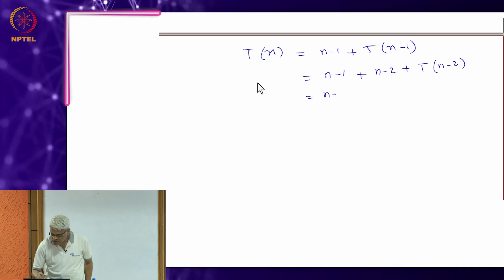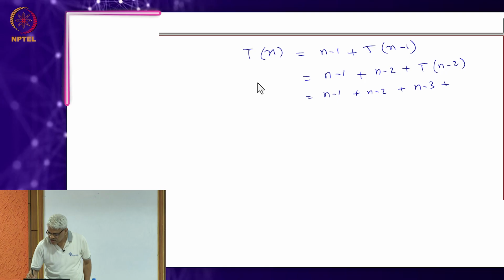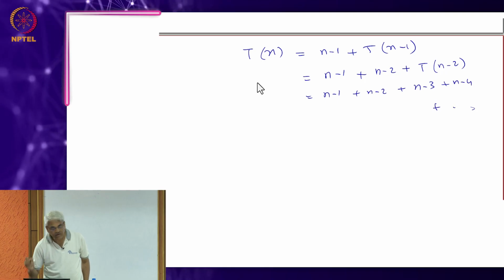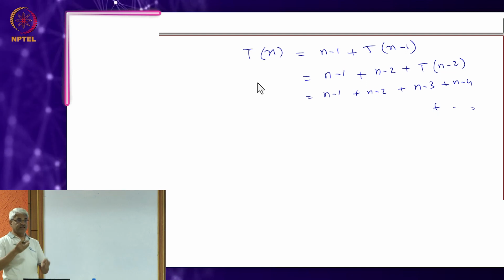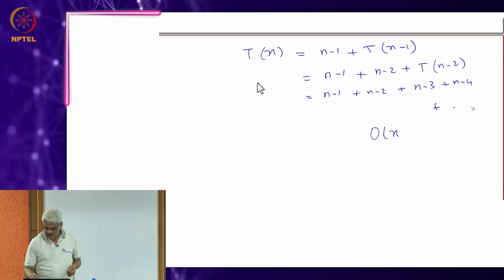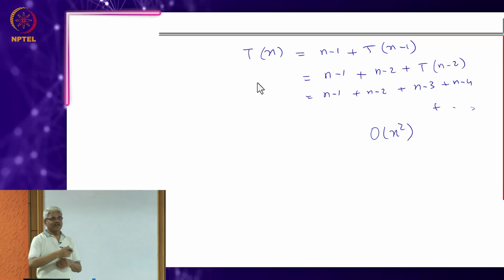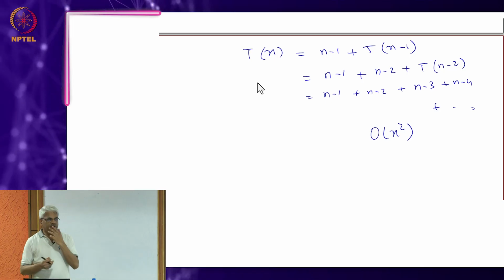So, this will be n minus 1 plus n minus 2 plus n minus 3 plus n minus 4 plus dot dot dot, which is order n square. Not great at all, right? In fact, I can even sort in n log n time and pick my kth smallest element. Really didn't do a good job here.